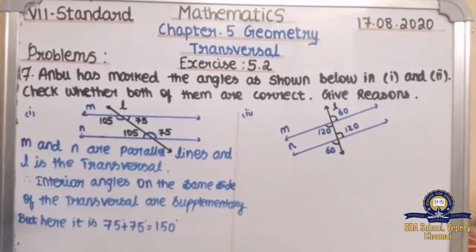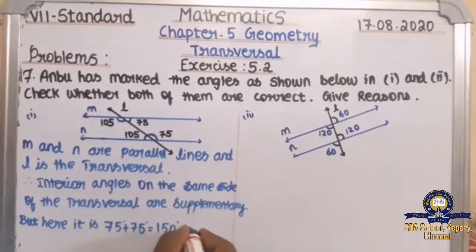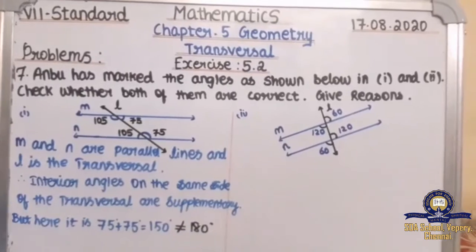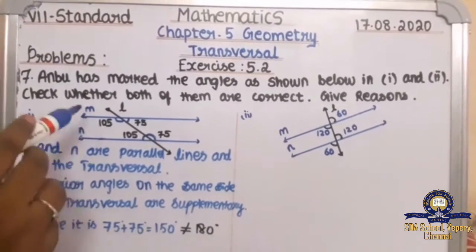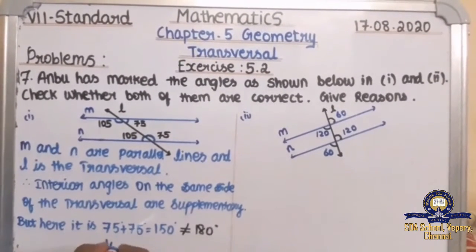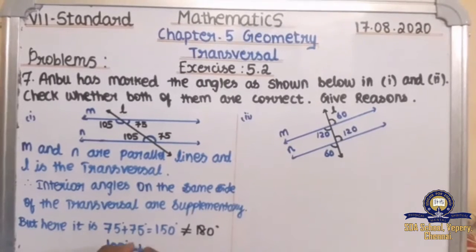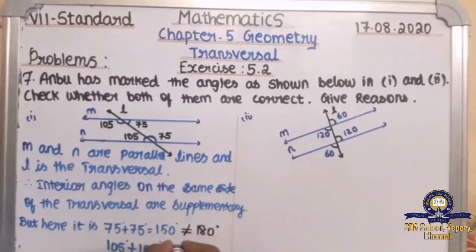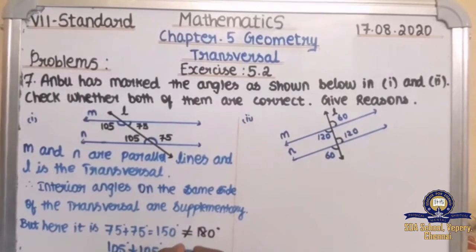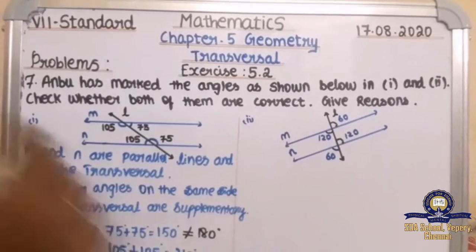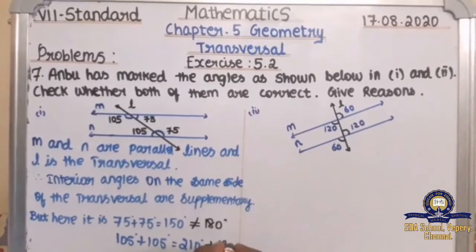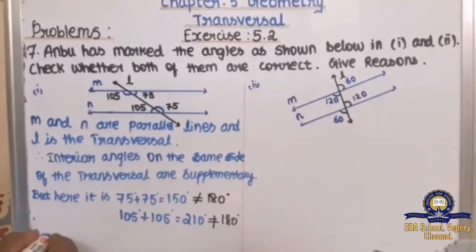No, it is not equal to 180 degrees. Now we take the other angle, 105 plus 105 degrees. What is the angle? We get 210 degrees. Is it equal to 180 degrees? No, it is also not equal to 180 degrees.